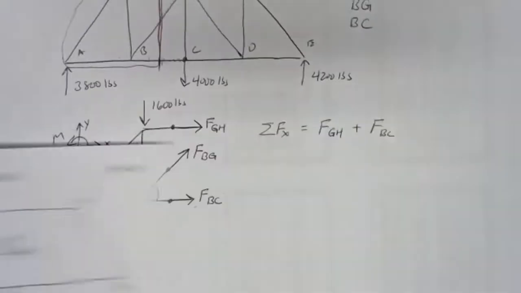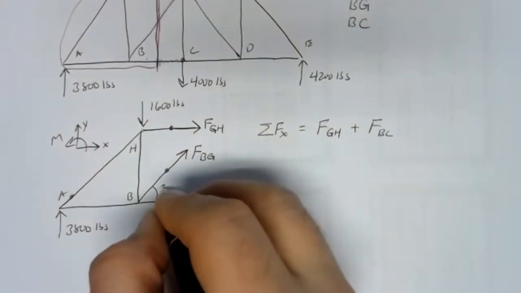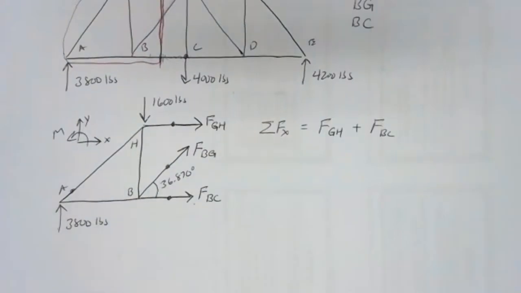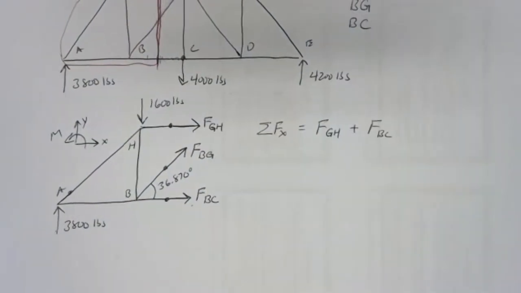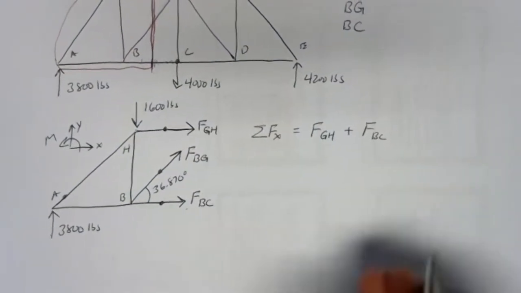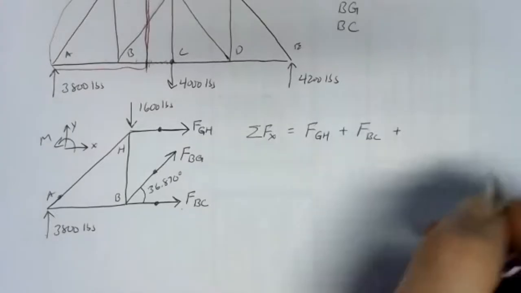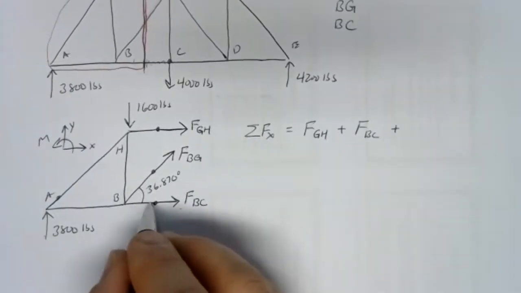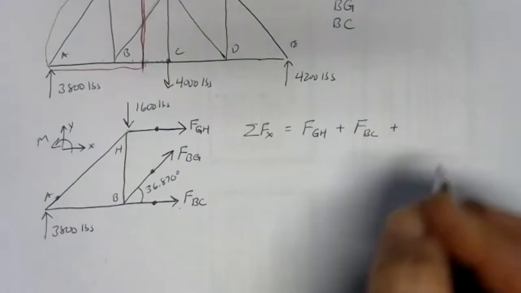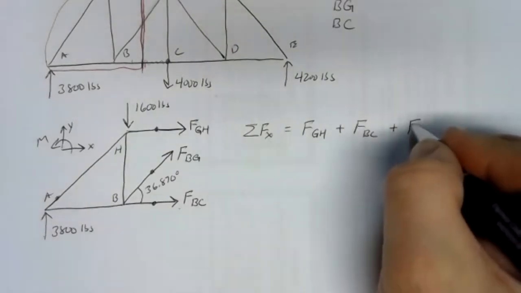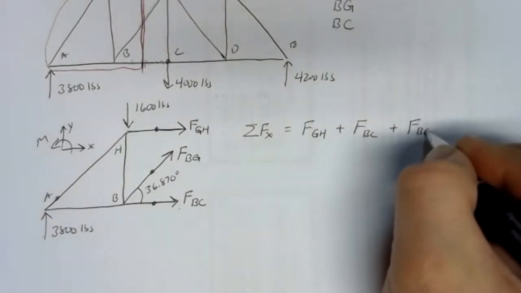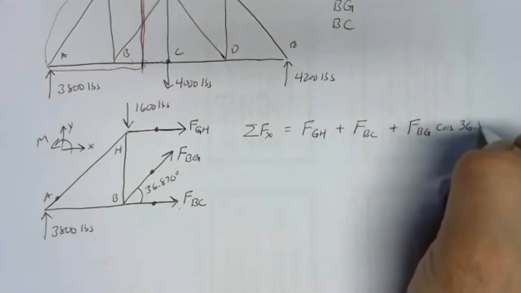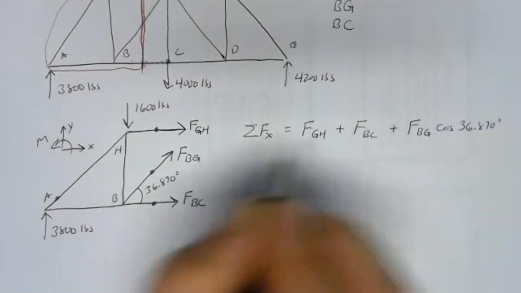So that's our angle, and we'll keep 5 significant figures for our internal calculations. Now we need the x direction piece, that would be the adjacent side, and adjacent goes with cosine. So we'd have FBG cosine 36.870 degrees.